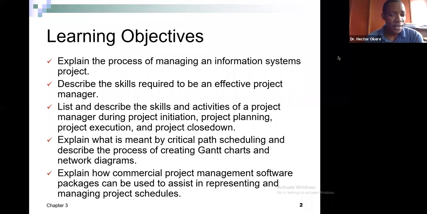Explain what is meant by critical path scheduling, and describe the process of creating a Gantt chart or a network diagram and how commercial project management software can be used. You need to understand that at the end of the class.